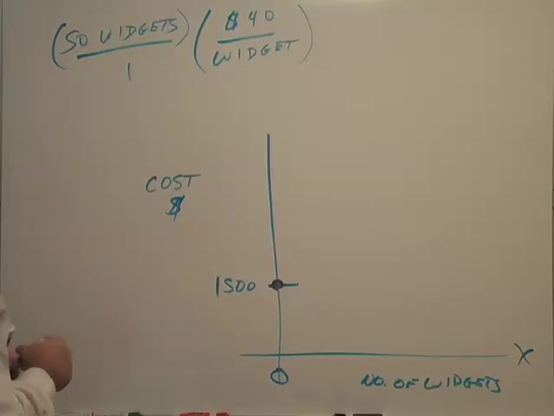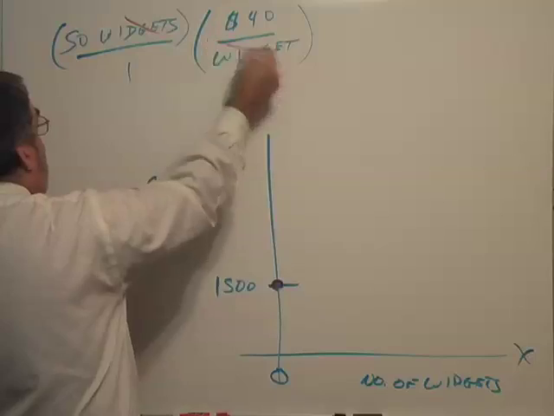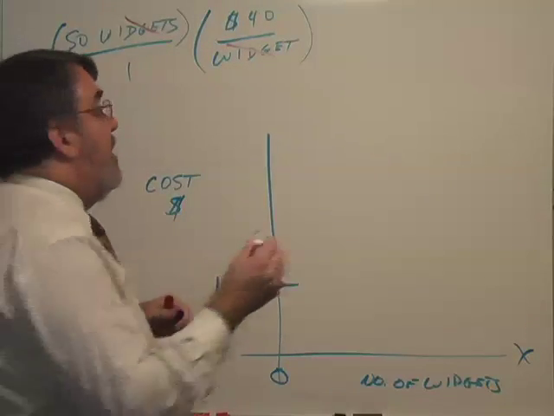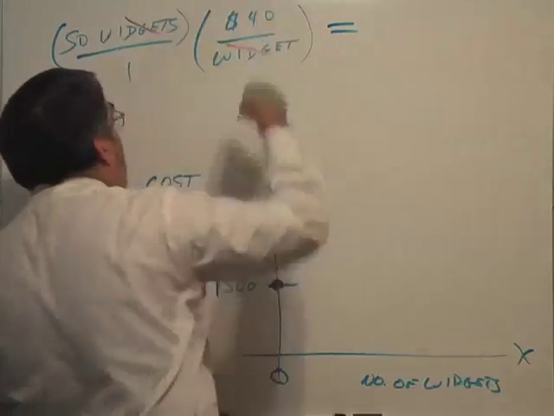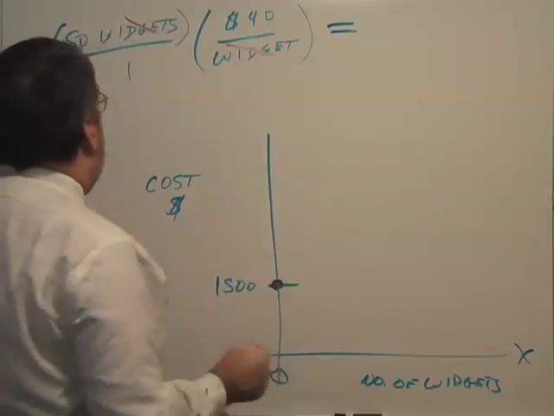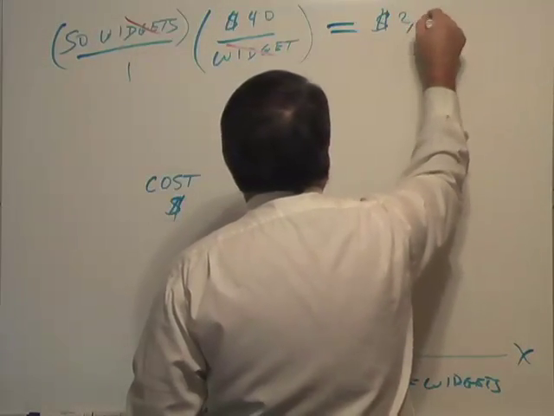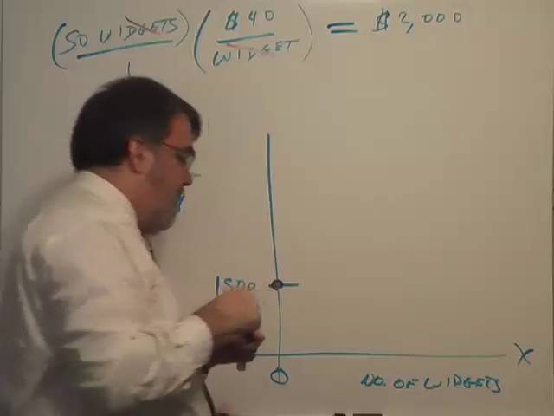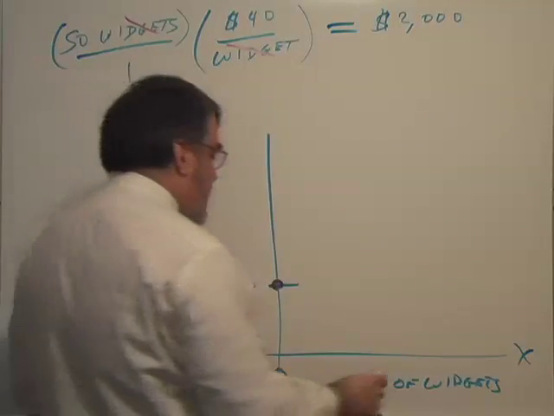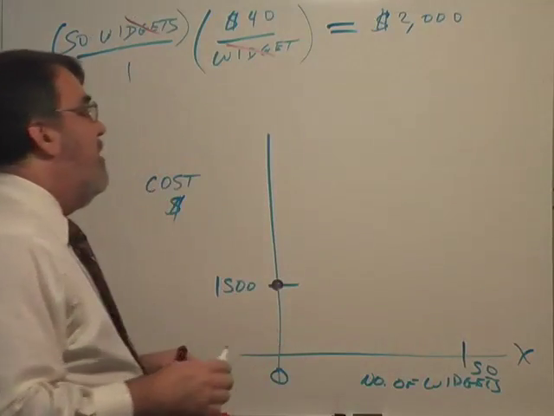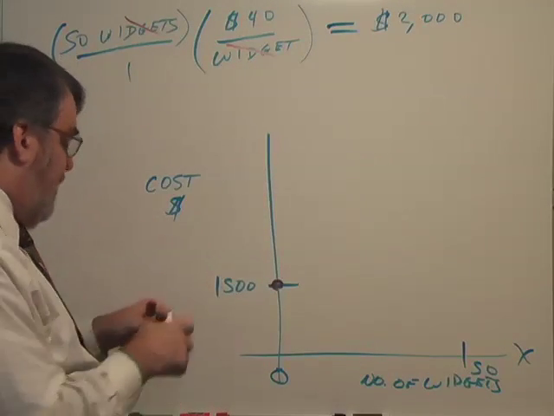Well, what happens here is the widgets cancel, and that's good because this gives me dollars. So all I have left are dollars. And how many dollars? 50 times 40 is $2,000. So when I make 50 widgets, we add an additional $2,000 in cost.